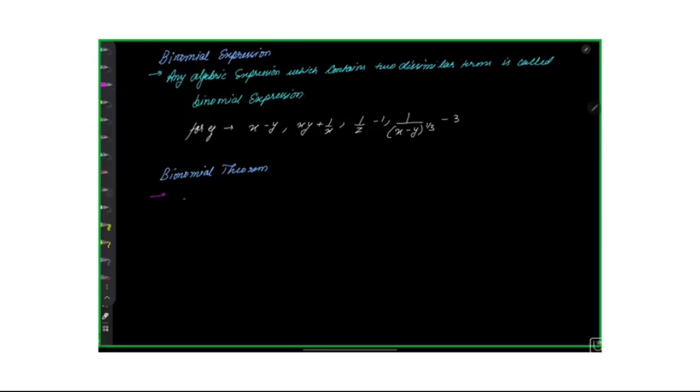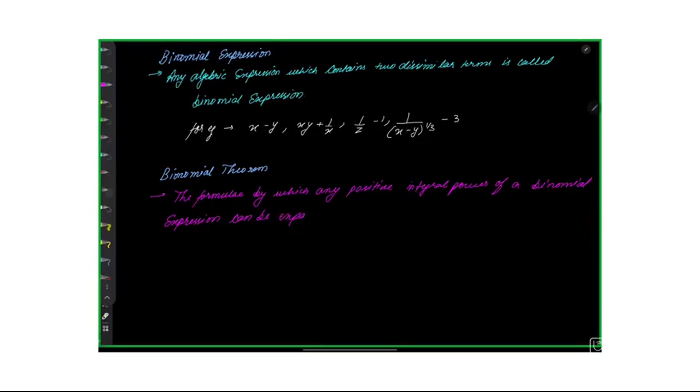The formula by which, go through it very carefully, by which any positive integral power, right, of a binomial expression can be expanded in the form of a series.